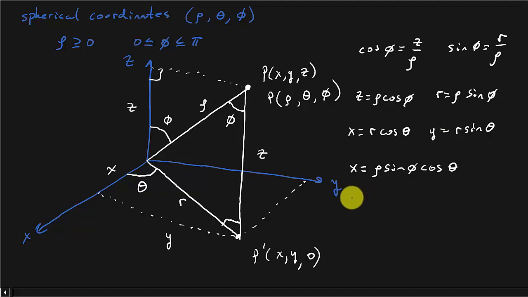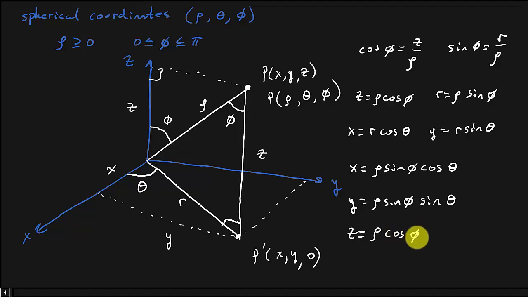And then what about y? Well, y is equal to r times sine theta. Since r is rho times sine phi, that's rho times sine phi times sine theta. And of course, we already know what z is. z is equal to rho times cosine phi.